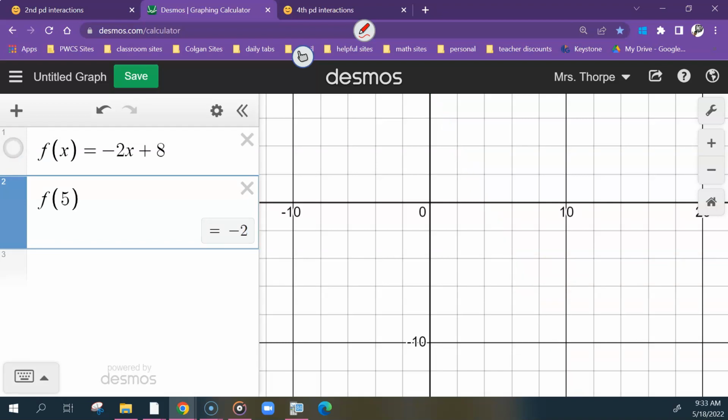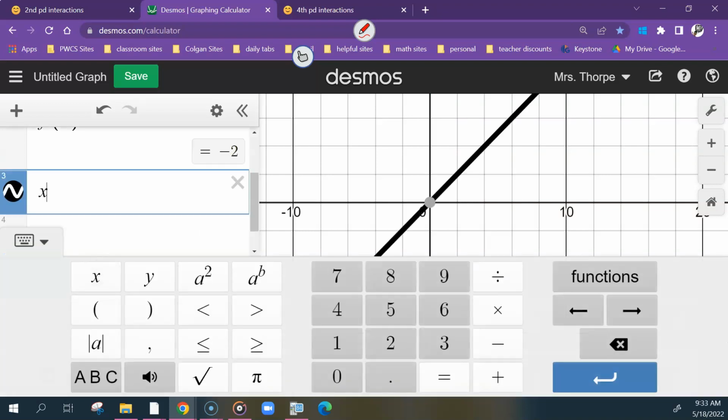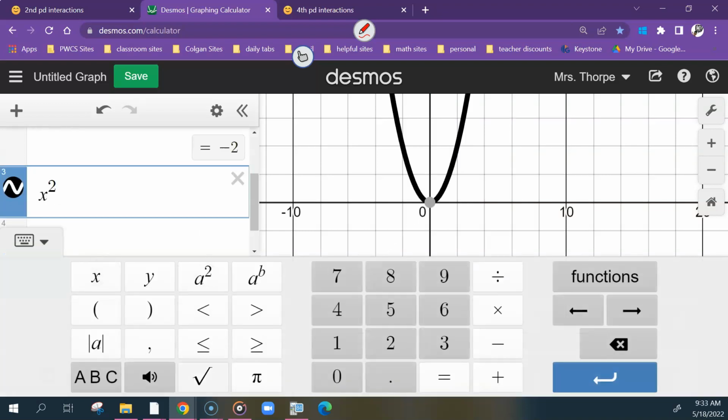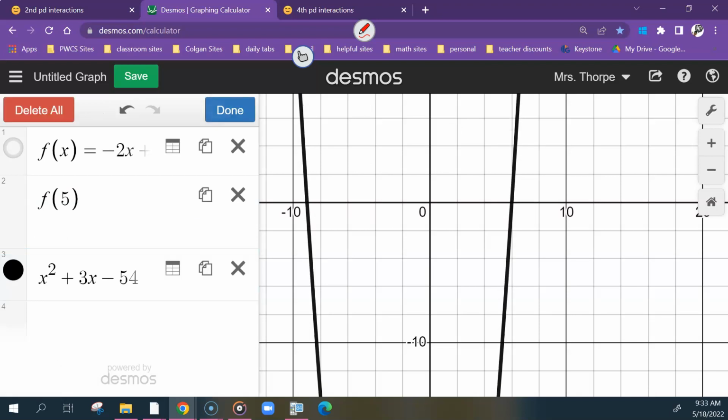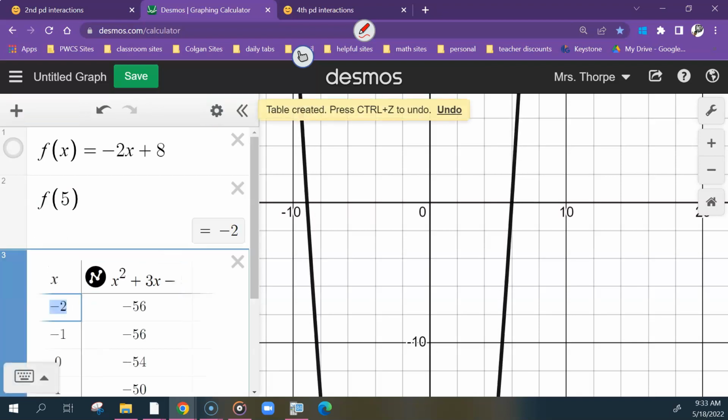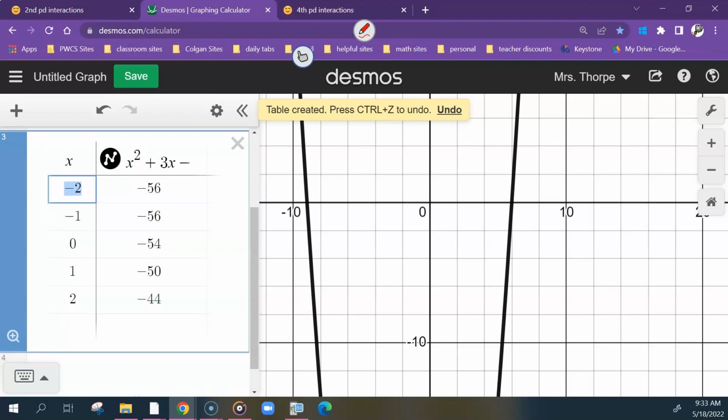For 12, I'm going to put in just the equation, x squared plus 3x plus, and instead of doing what they asked, I'm going to make this a table. So go into my gear wheel, make this a table. It's looking for when x is negative 2, 0, and 1.